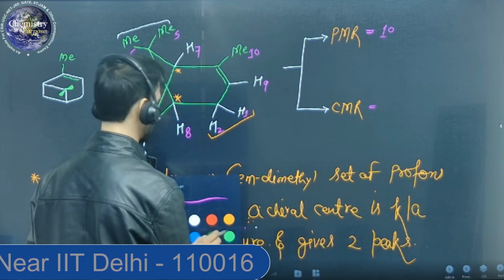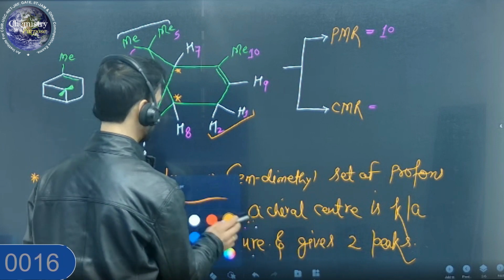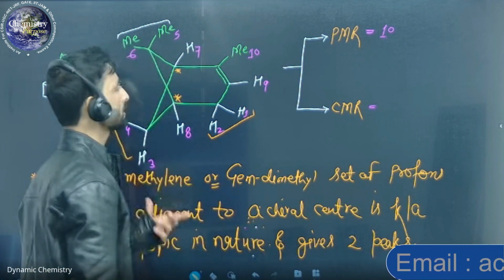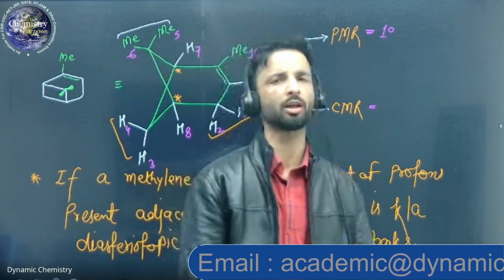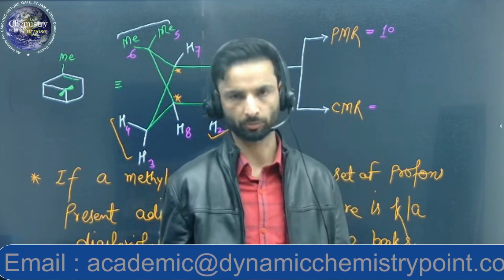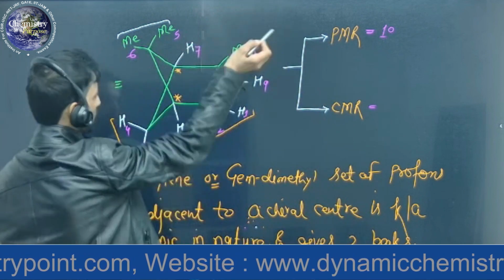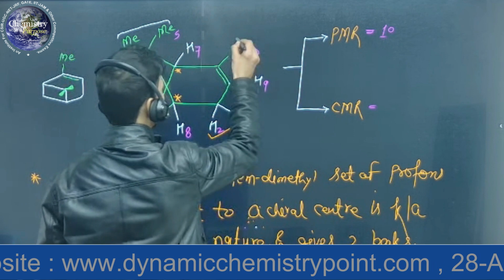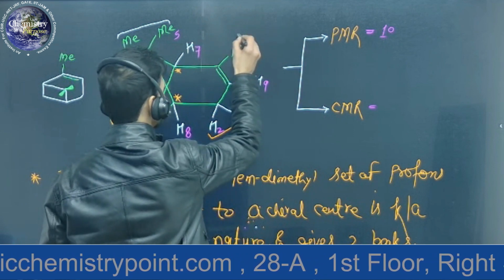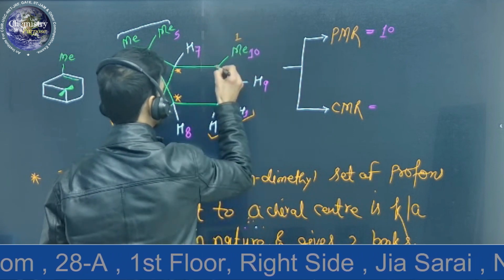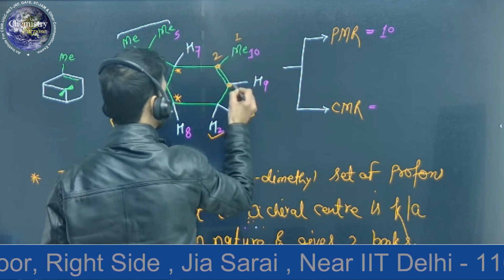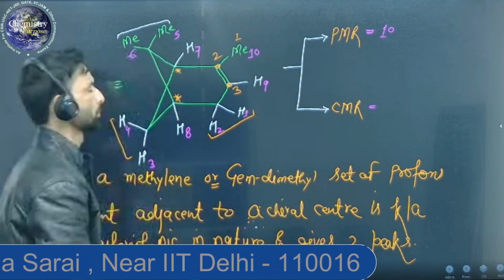Now the question arises, how many CMR signals, that is carbon-13 NMR signals? Think about it. For carbon-13 NMR, much more focus must be laid upon carbon atoms. We don't have to look at the hydrogen atoms for now. So let's start. Carbon atom 1. Attention please. This carbon 2, 3, both are different.